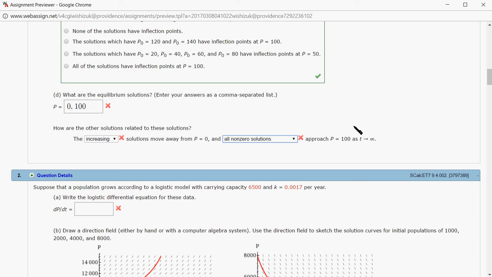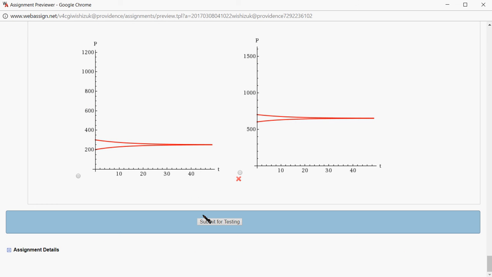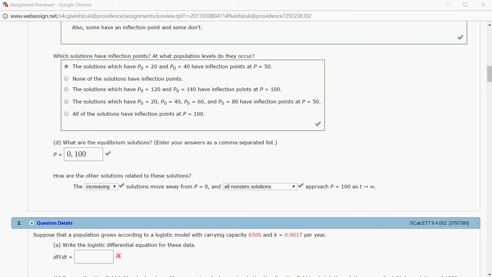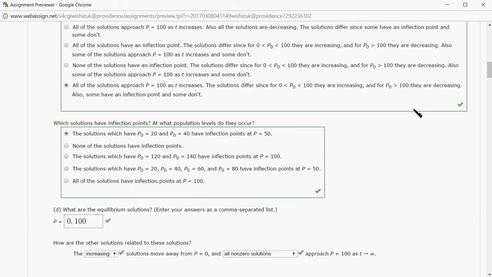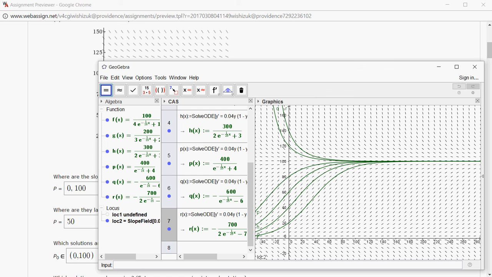Let's check the answer and submit for testing. It came back and looks like we got part D correctly. That's it. I hope that this was clear.